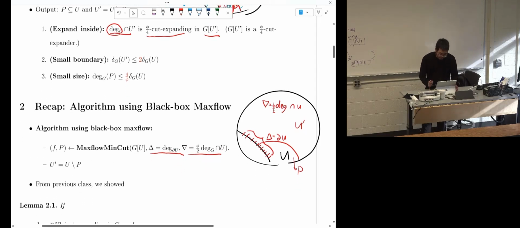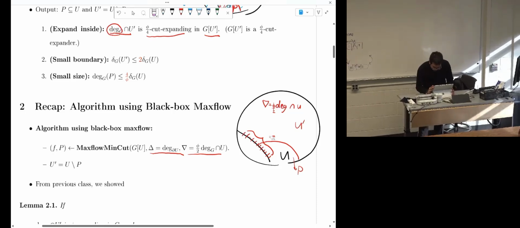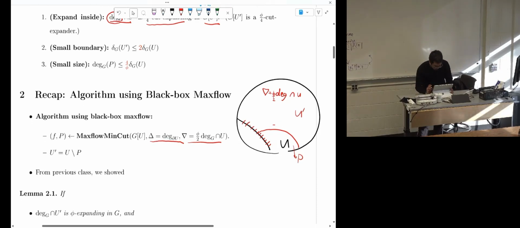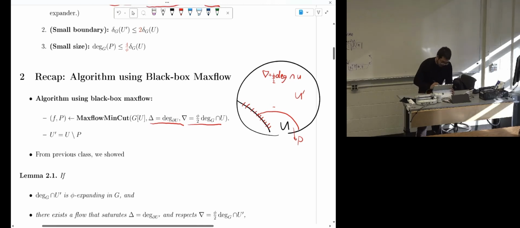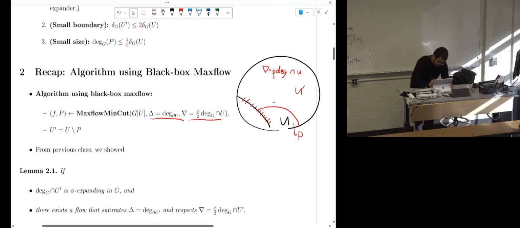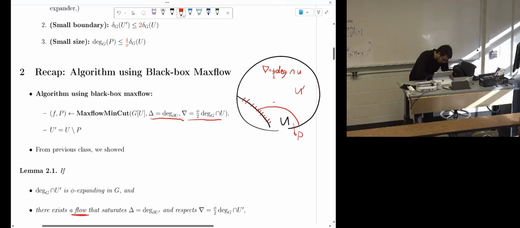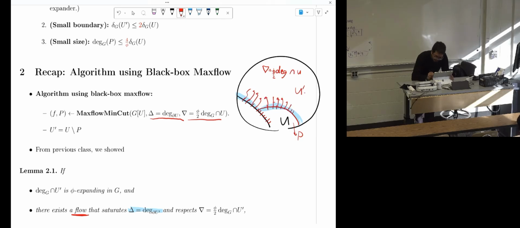And what's the point of this algorithm? The point is that you're gonna get a flow such that, if this is the new battery, there's a flow that saturates the new battery, so that everyone here can send flow to this sink.